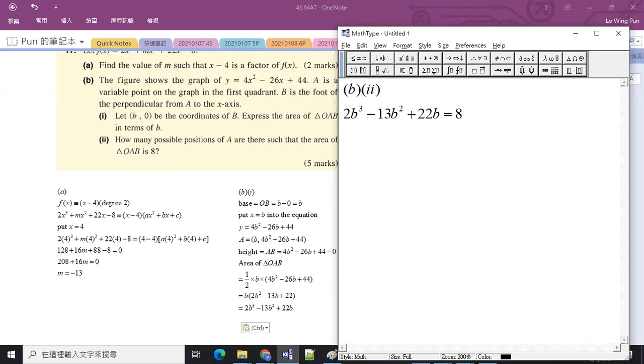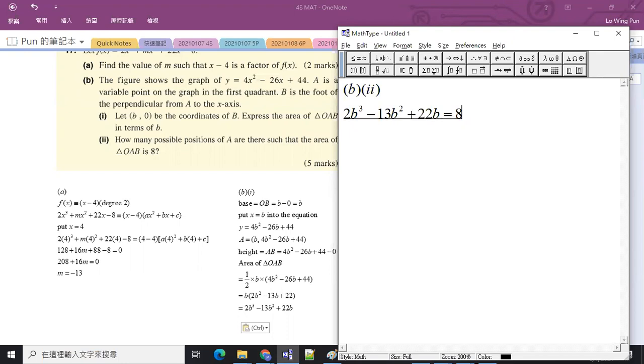Do you understand? Okay, this is the left hand side is the area. Right hand side is what we want. I want the area to be equal to 8. So I put the expression of the area to be equal to 8 to solve for b.